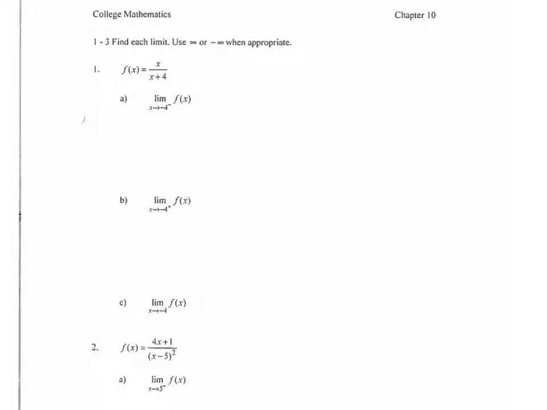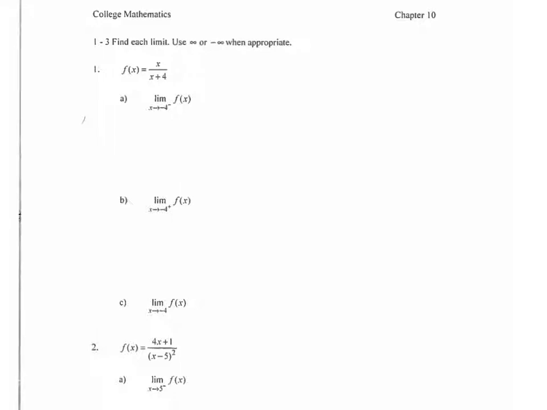And what I can do is explain this is what both sides are approaching. Infinity, because it's not a number, is not technically a limit, but what we're doing is we're describing what those values would be approaching, okay? So look at this. This asks us to find the limit as x approaches negative 4 from the left.